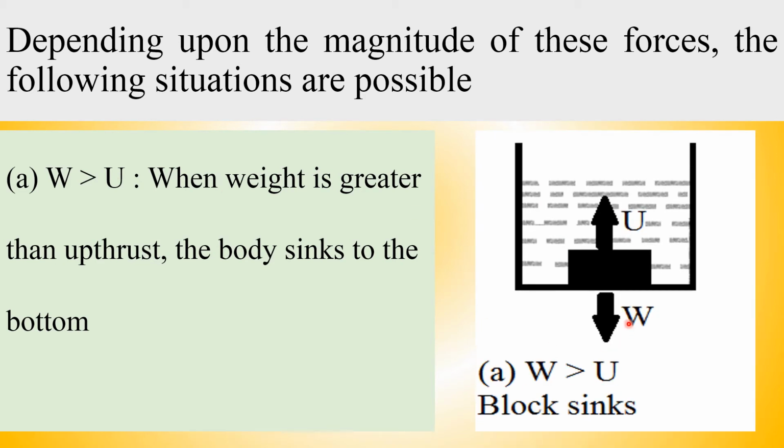The weight is heavy, so the object is at the bottom of the tank or bucket. This is a case of metal. In metals, weight is more than the upthrust given by the water, so this block is sinking. Sinking means it is at the bottom.